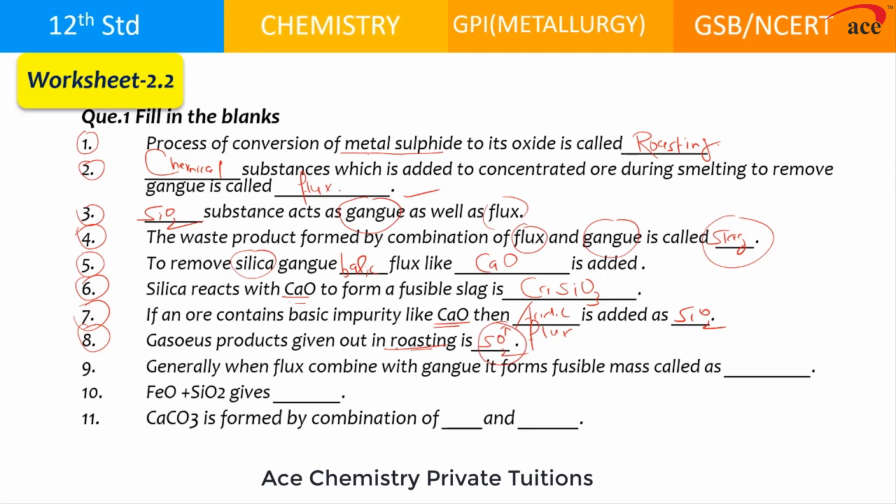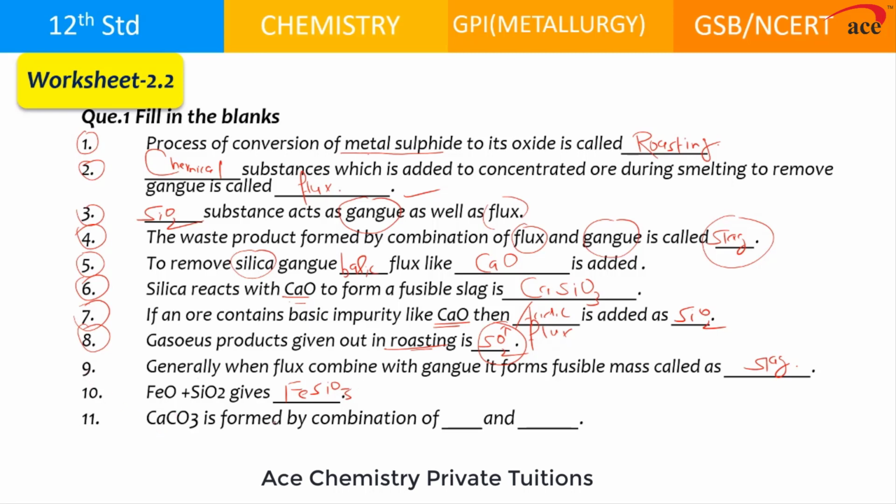Generally, when flux combines with gangue, it forms easily fusible mass, which is referred to as what? Slag. See, FeO, if it combines with SiO2, it forms iron silicate as well. And this iron silicate slag has the formula FeSiO3.